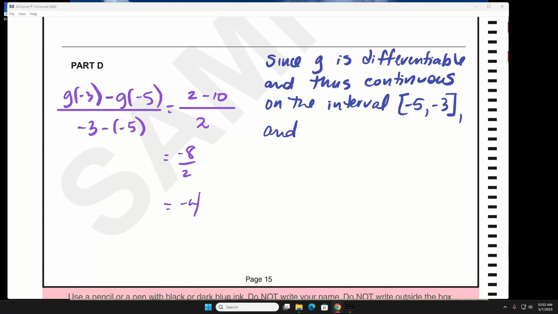And then I'm going to state the average rate of change in symbol form. So, and then that average rate of change between negative 5 and negative 3 is negative 4.